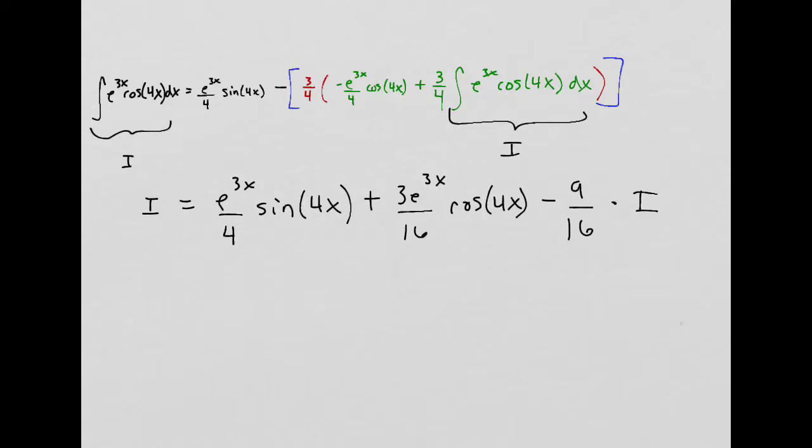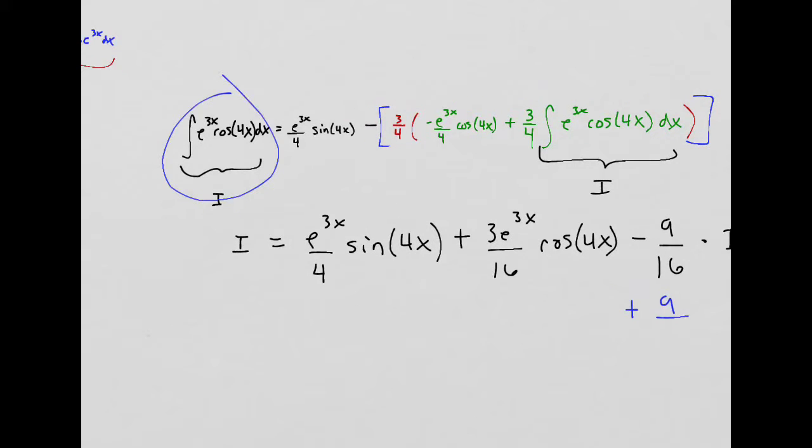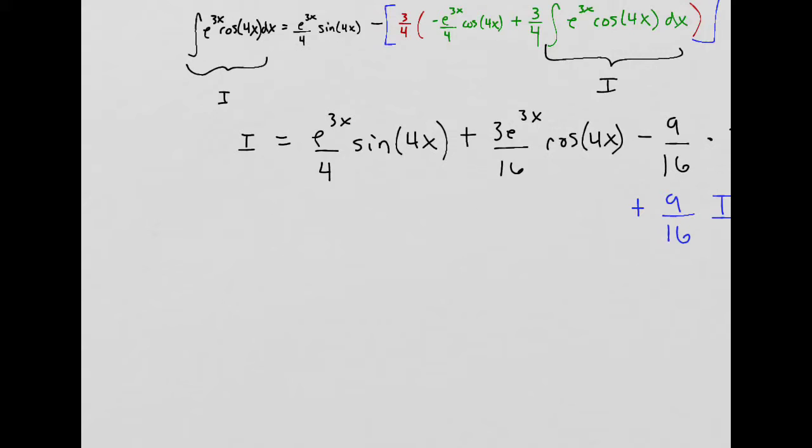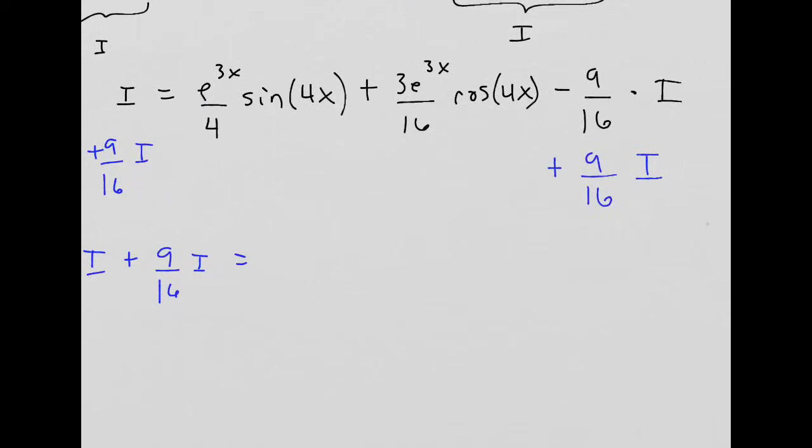Because watch what happens. I can solve for I now, because I was the original. So I'm gonna group the I's and solve for it. So I'll add 9/16 I over to the other side. And what do I have? I plus 9 over 16 I equals, now I'm going to start factoring, so that goes away.